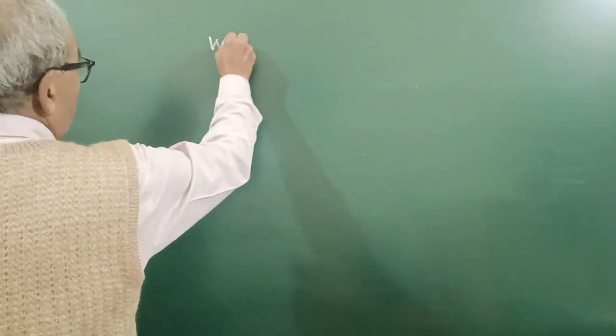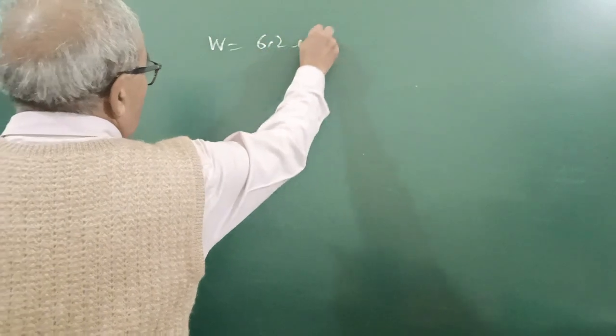Now next question here. Actually they mix questions together. A question of 1 mark involves knowledge of 2 or 3 chapters. Here is a question like that. The work function of a photosensitive material is 6.2 electron volt.